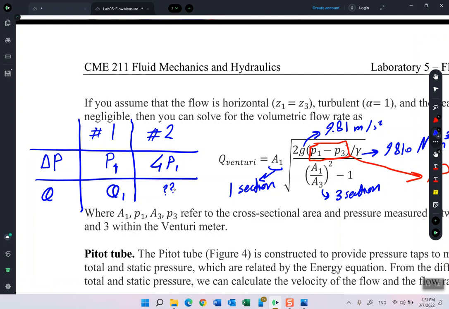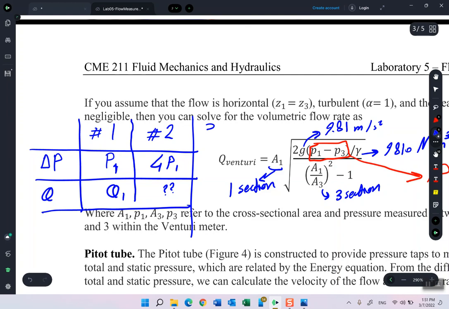Why is that? Because we have the square root. What if we have another trial, and this time, instead of 4 P1, we have 8 P1. What will be Q for this trial? It will be the square root of 8 times Q1, right? So that's why the relationship isn't linear.